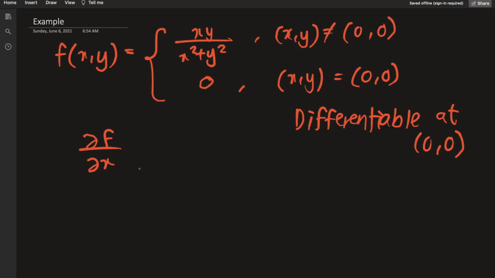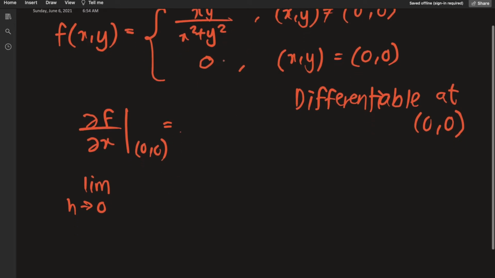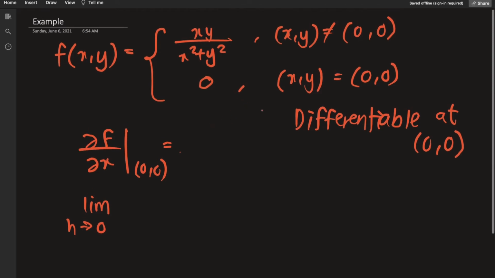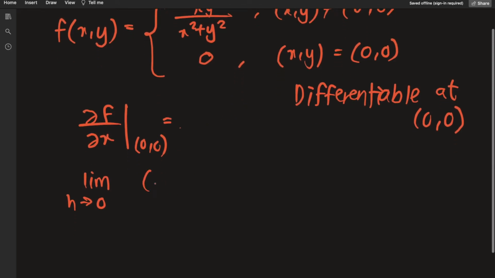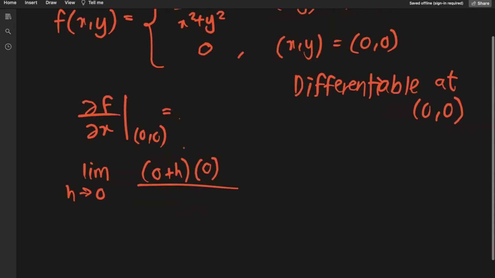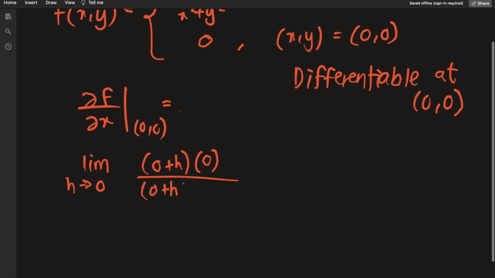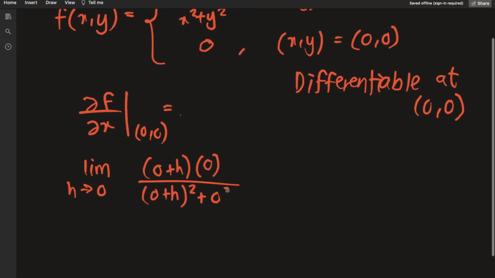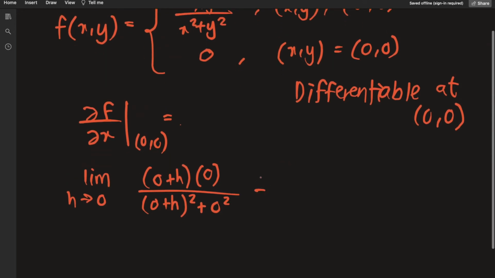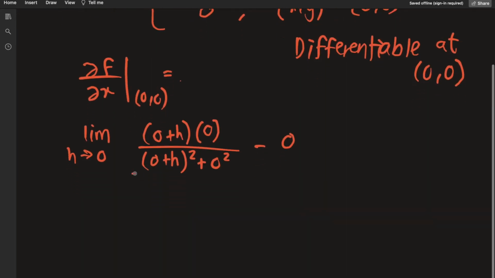So first calculate the partial derivative at 0, 0. Naturally, we have the limit as h goes to 0 of the function at 0 plus h comma 0, so that will be 0 plus h times 0 over 0 plus h squared plus 0 squared, minus the function at 0, which is 0 by the definition, divided by h.